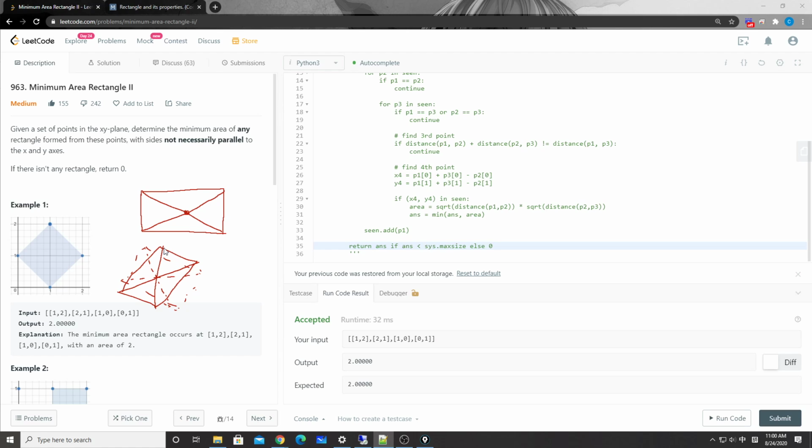Once we have the hash map, we can loop through it. We're trying to find the two diagonal lines which have the same center point, middle point, and the same length. Then we know the points for those two diagonals are one of the candidates we need to form rectangles.